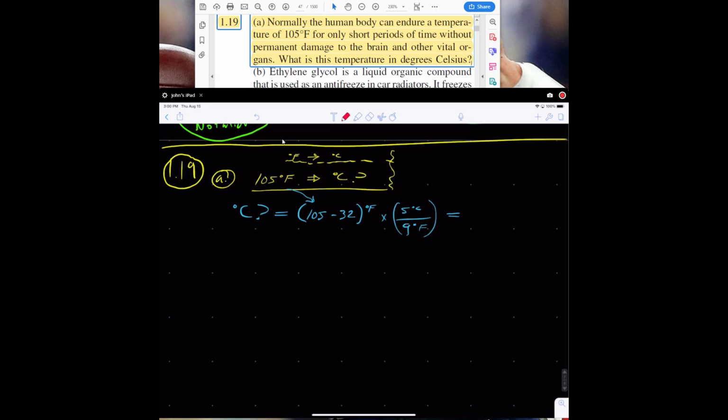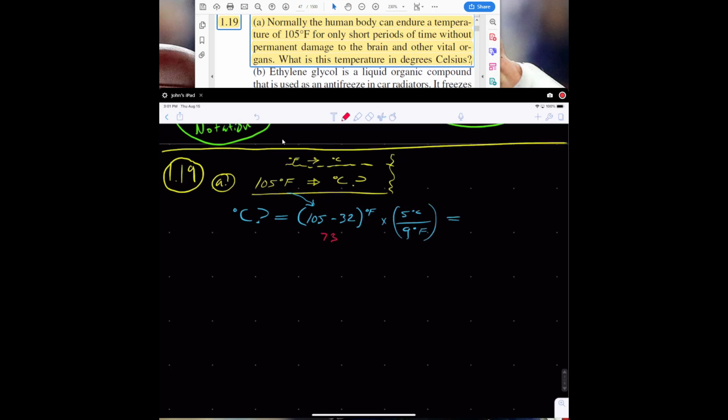So we need to note that because we have a difference with the 105 and the 32, that becomes 73, right? And then these units of degrees Fahrenheit cancel because we have this multiplication here, right?